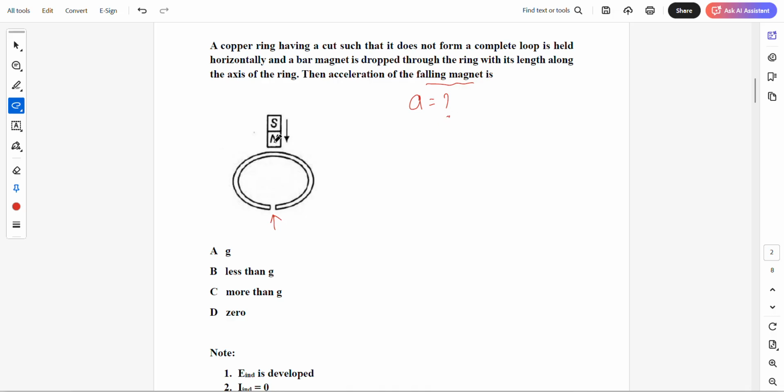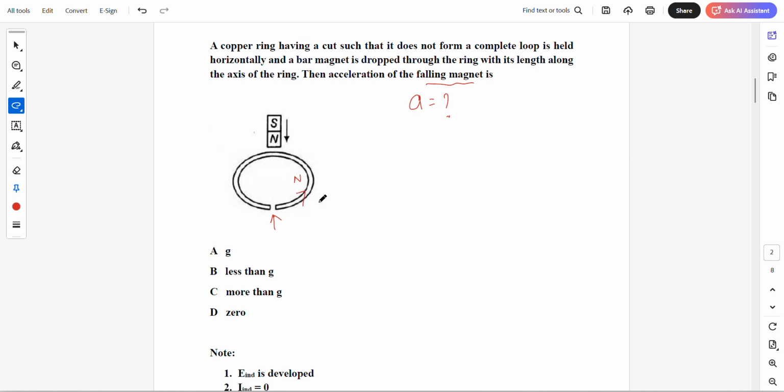You know it is a north pole. This conducting loop will be having a north pole. If it were a complete conducting loop, it would be producing induced current. How much induced current will there be?